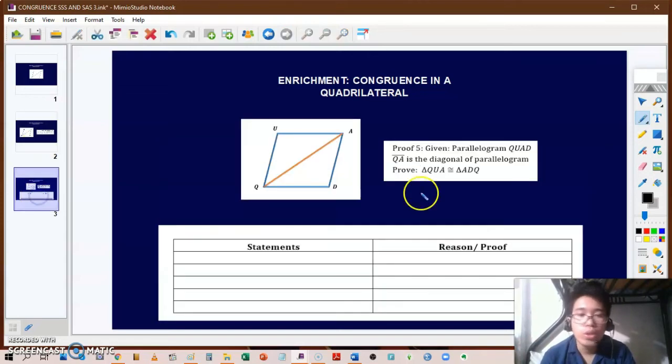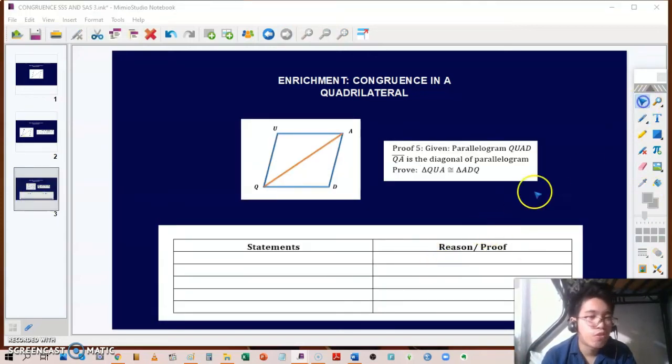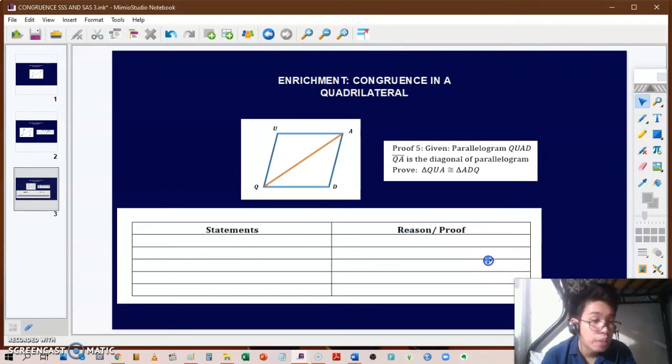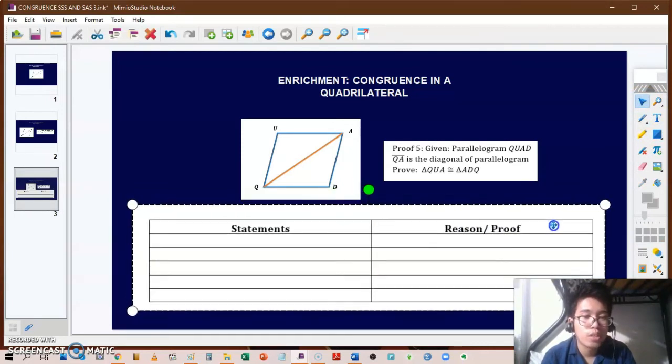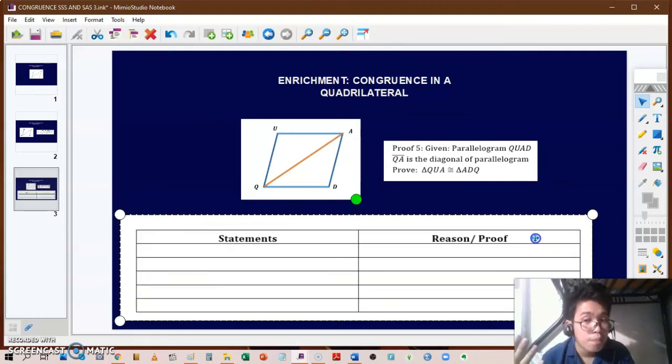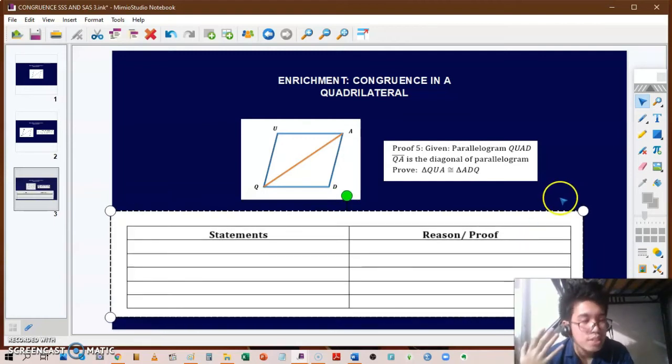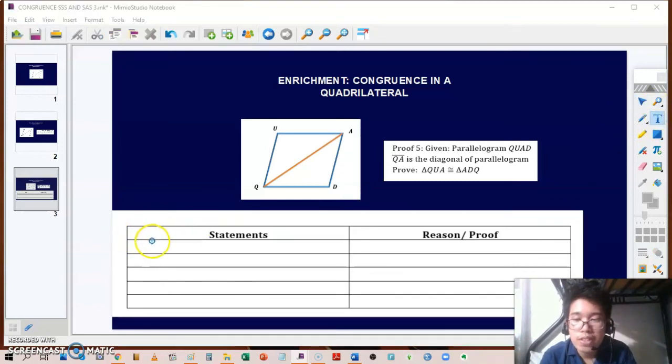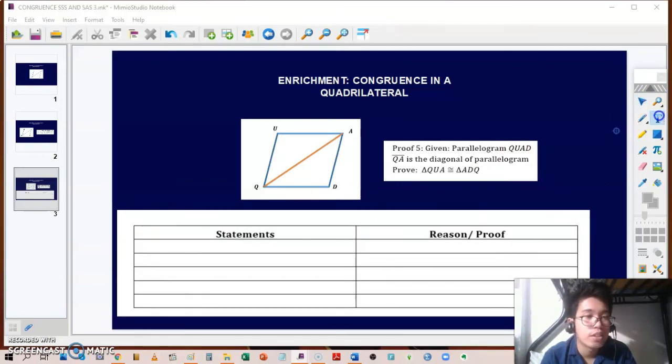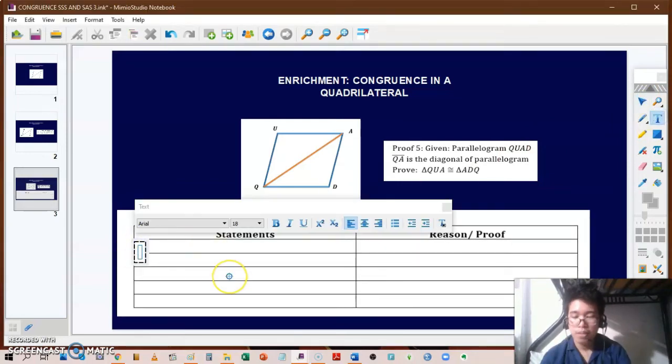In order to do that, we need to refresh our knowledge about the properties of quadrilaterals, specifically parallelograms, and we can easily prove that these two triangles are congruent. For our first statement, again and always, we write the given, so that we can make our proofs easier.